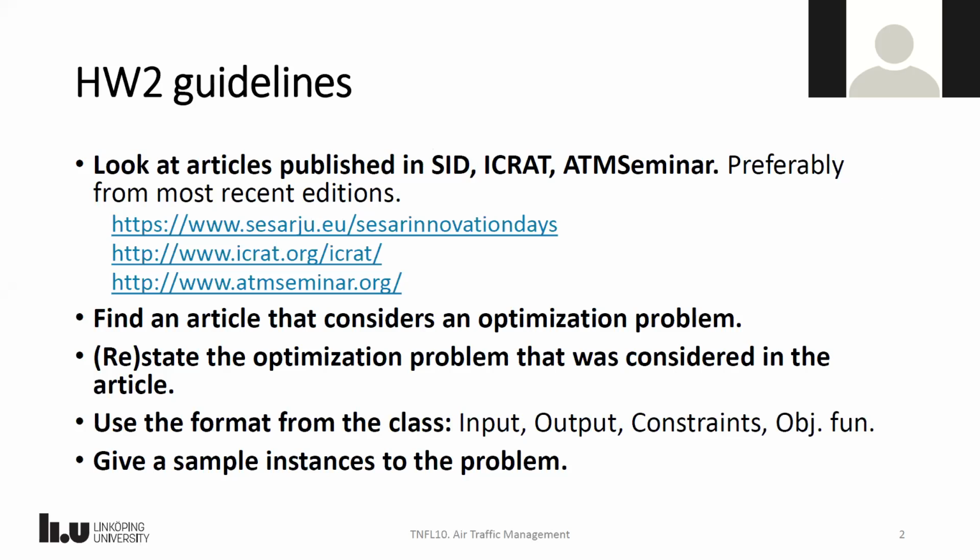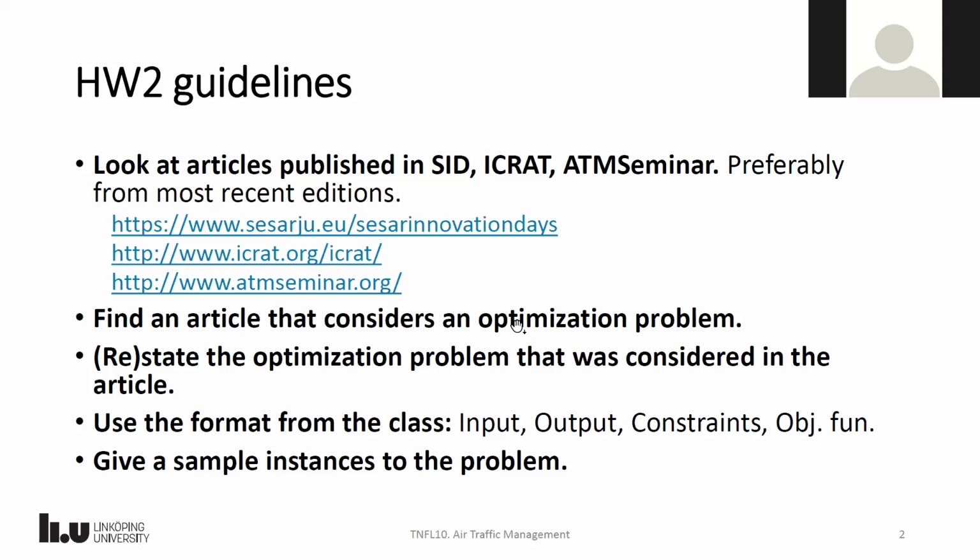But if you don't find anything that you find interesting in the newer ones, you can go with older ones if you want. These are the links for these 3 conferences. In here you will find all the papers and all the presentations, okay? Then just look at articles, and you have to find one that considers an optimization problem.